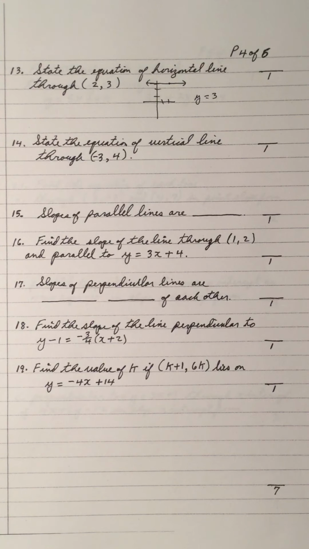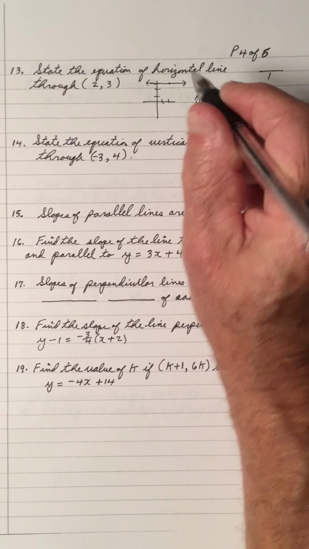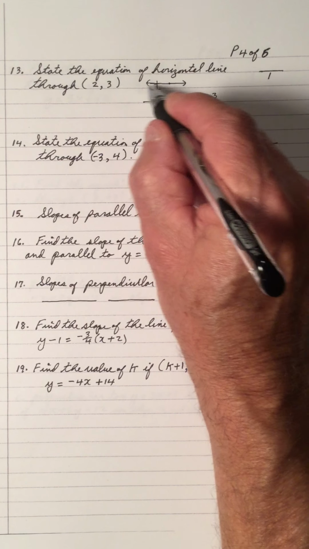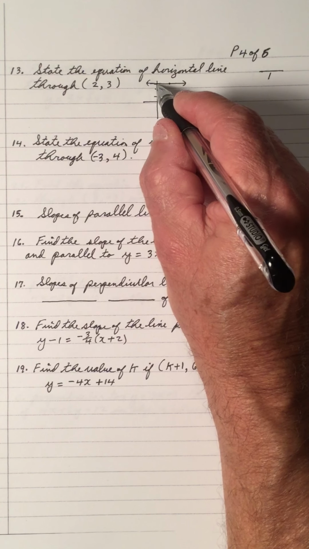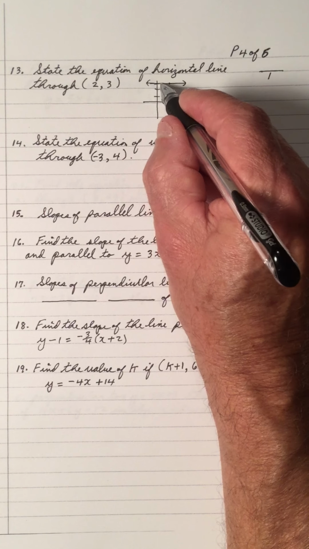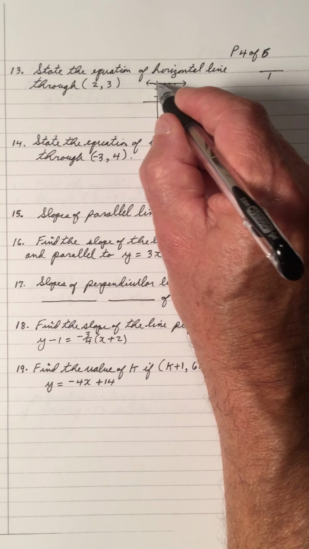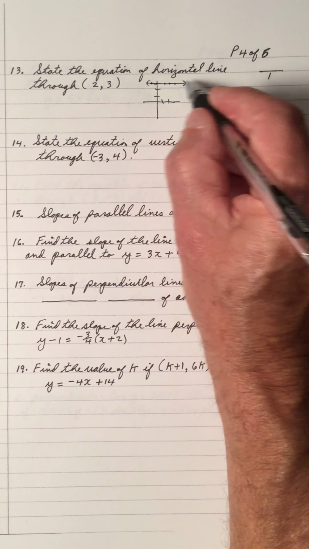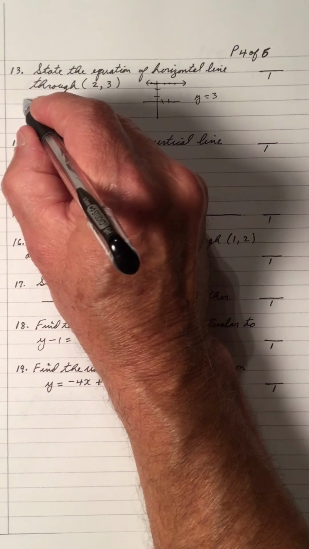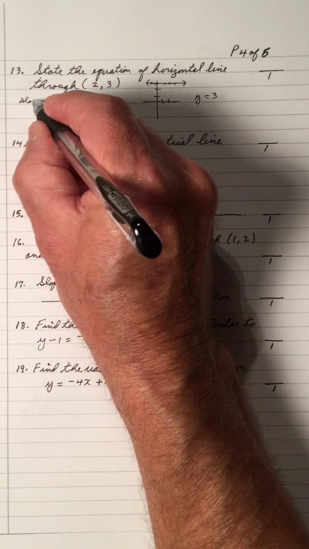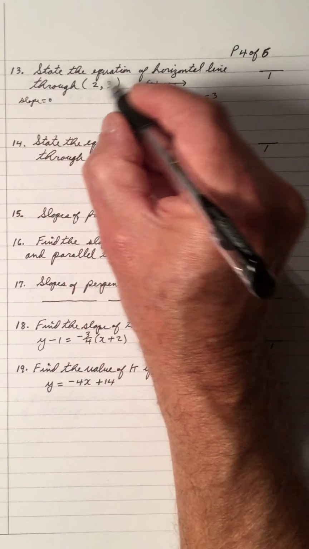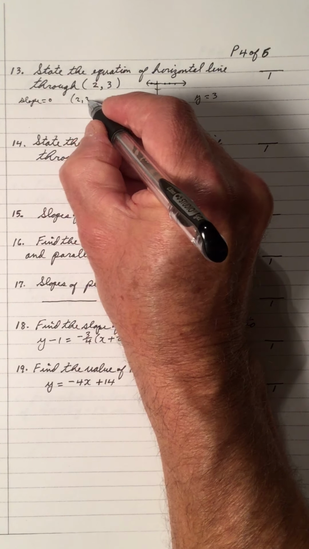The horizontal line is equal to the y coordinate because notice the x is changing as you go. X is 0, x is 1, x is 2, x is 3. So the x value is changing, but the y is the same, so y equals 3. Another way is that you have a horizontal line, you have a slope of 0, and your point is 2, 3.